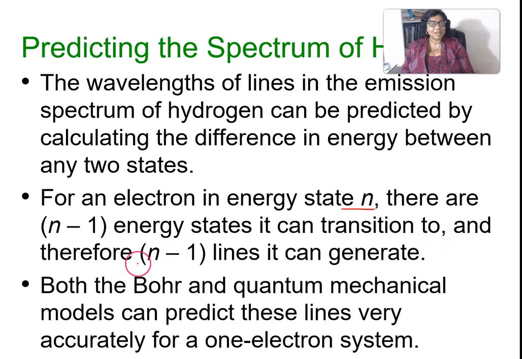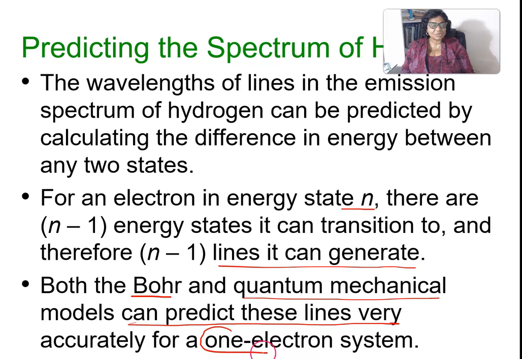And therefore, n-1 lines can be produced. Both Bohr and quantum mechanical models can predict these lines very accurately for a one electron system.